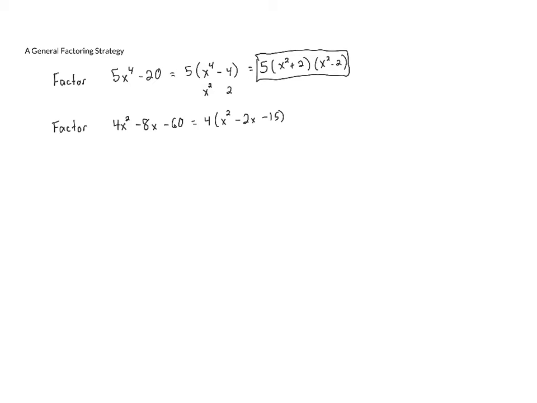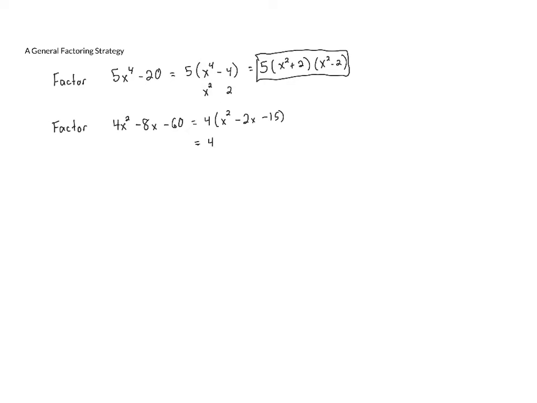Do you remember how to choose between unfoiling and the AC method? In this case, we use unfoiling because the first term, x squared, doesn't have a leading coefficient. If it did, if it was 2x squared or 3x squared or 8x squared, we would use the AC method, but because there isn't, we use unfoiling.